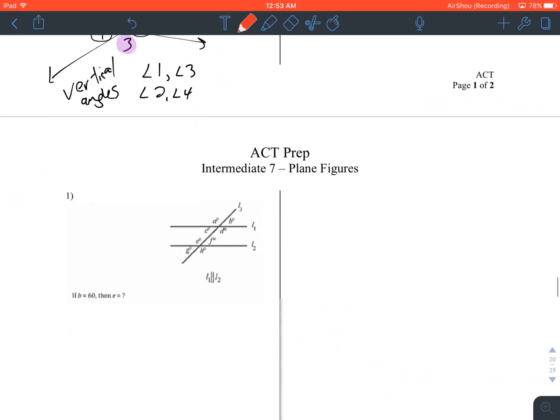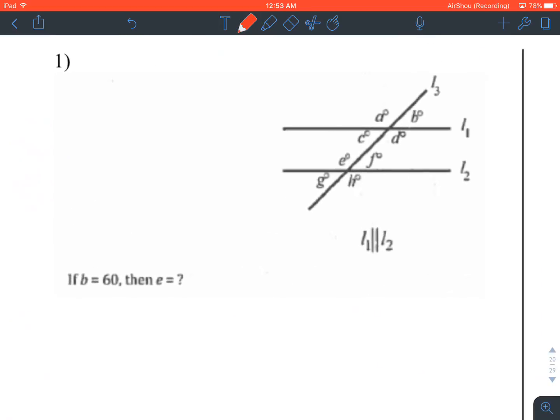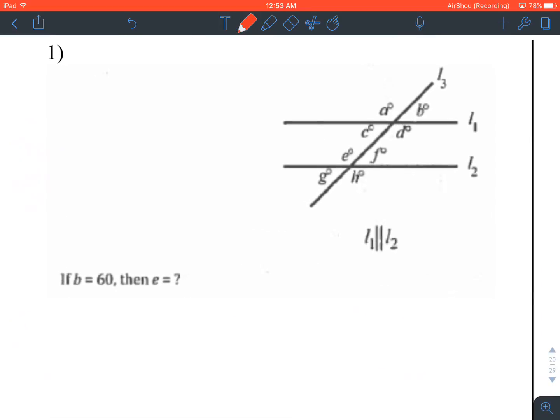So, ready for an example? Let's do this example. We're told here these lines are parallel. It says angle B is 60 degrees. Let me just mark that in my picture. It's important when you do these problems, you write the information into your picture. And what is E?